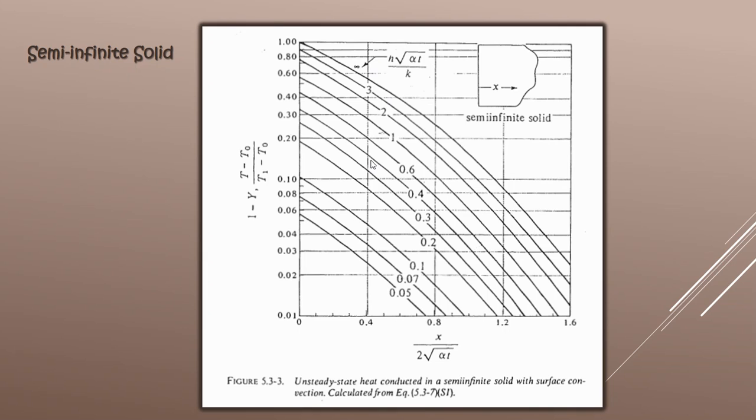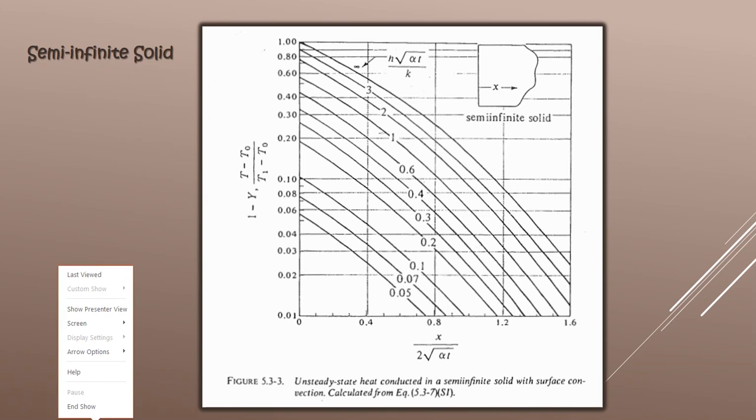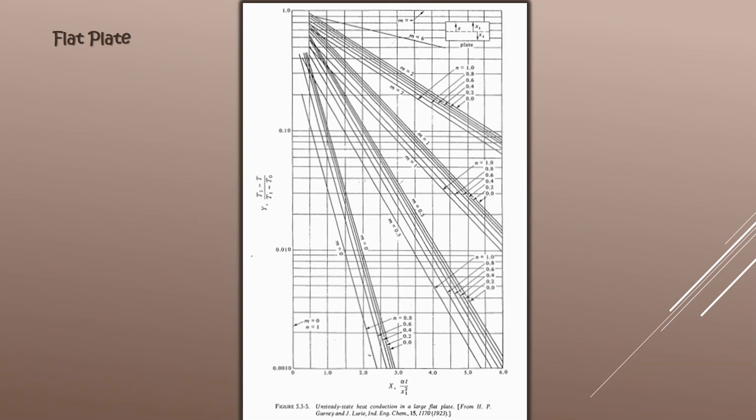So we will go back to the table and find the equivalent expression of this h square root of alpha t over k and x over 2 square root of alpha t, and those are these two that we need to determine, so that we will be able to find this very important 1 minus y, which also has its equivalent in mass transfer. So we will go back to our figure before we go to the board.